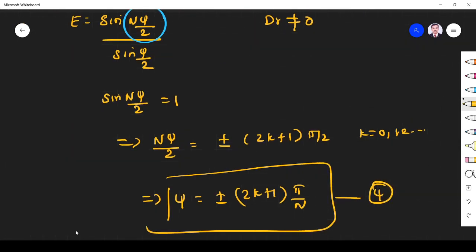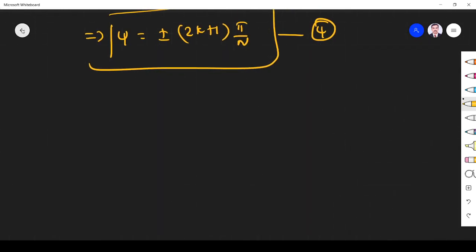Now we know that for the array factor, psi is given by beta d cos theta plus alpha. Instead of psi, substitute beta d cos theta plus alpha equal to plus or minus 2k plus 1 pi by n.